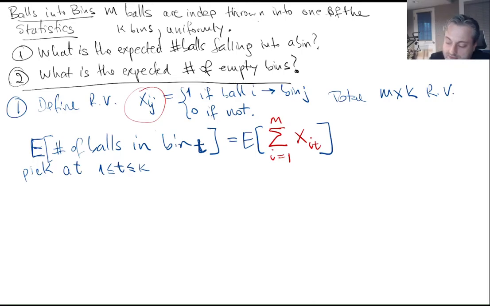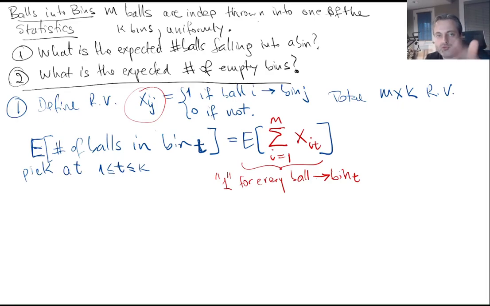Let's write it down in words: it counts as 1 for every ball that goes into that bin t. Again, t is a fixed number here. It could be 1, 2, 3 up to k. Because of the linearity of expectation, this is a sum for i equals 1 to m of the expected value of xit.